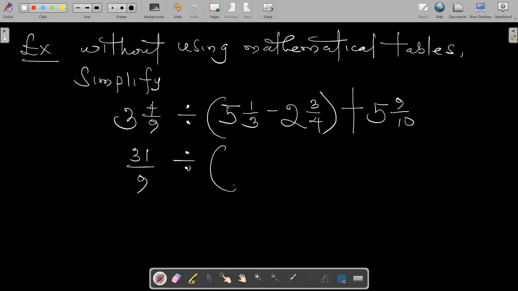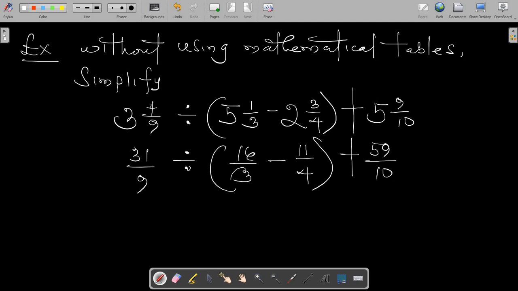Divided by, changing the ones inside the bracket to improper fractions, 3 times 5 is 15 plus 1 is 16/3, minus 4 times 2 is 8, 8 plus 3 is 11/4. Plus 10 times 5 is 50, 50 plus 9 is 59/10.